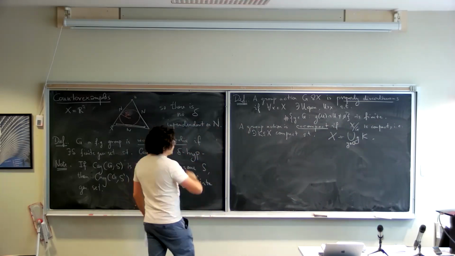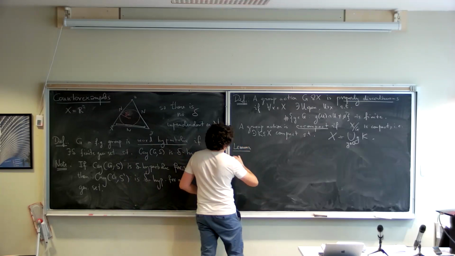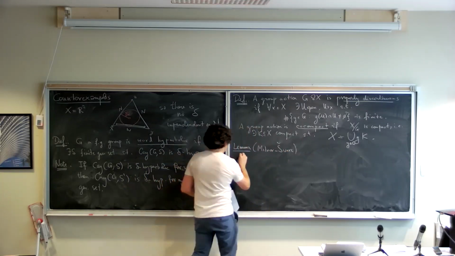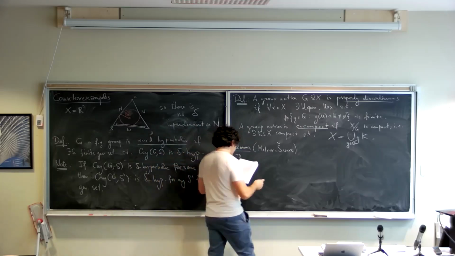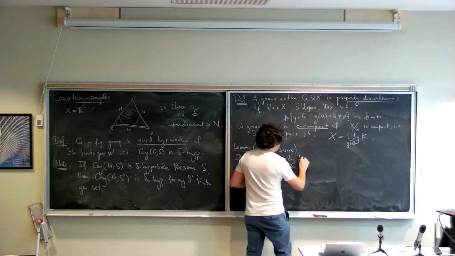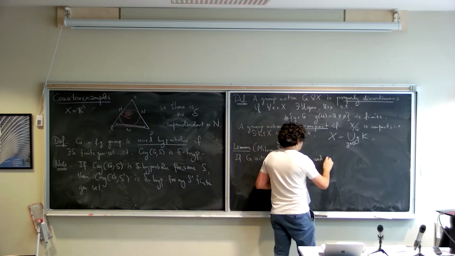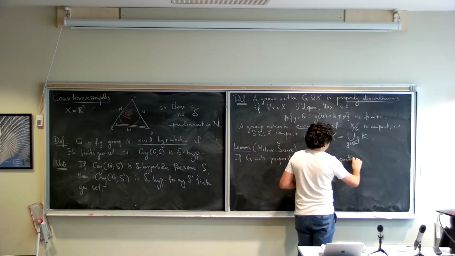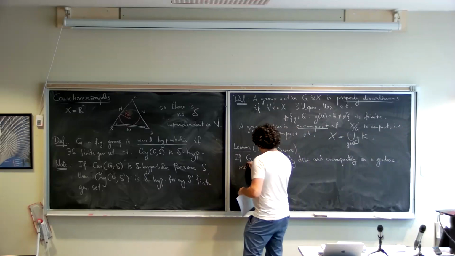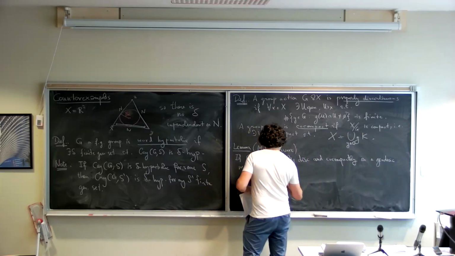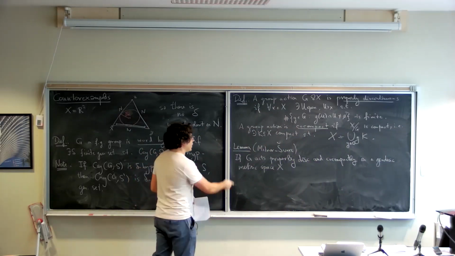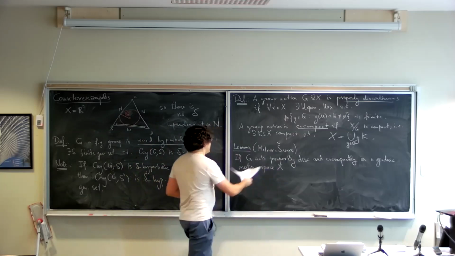So the important lemma here, the Milnor-Schwarz lemma, is that if the group G acts properly discontinuously and co-compactly on, again, a geodesic metric space X, so this is important, otherwise it's not true, and X is delta hyperbolic, then G is delta hyperbolic.